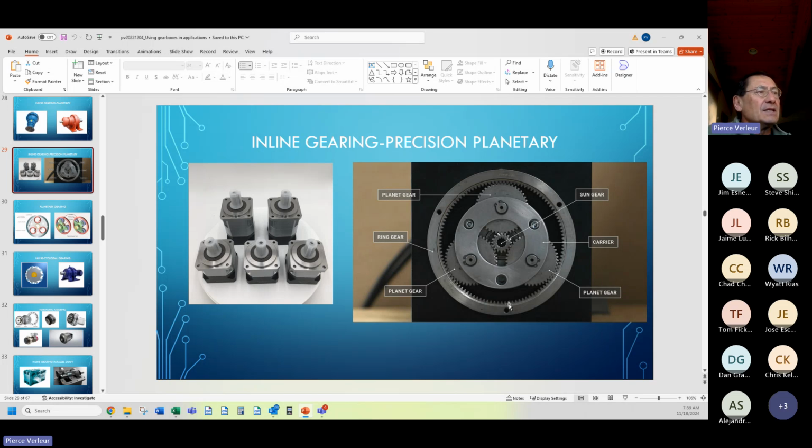This typically is fixed so that when you drive this gear and thus drive these gears in the opposite direction, this carriage rotates. This is fixed and often the inside of the housing of the gearbox itself. This becomes your output.